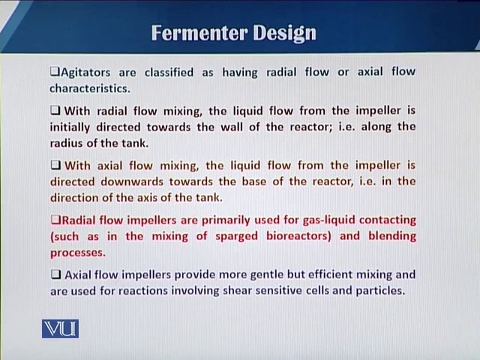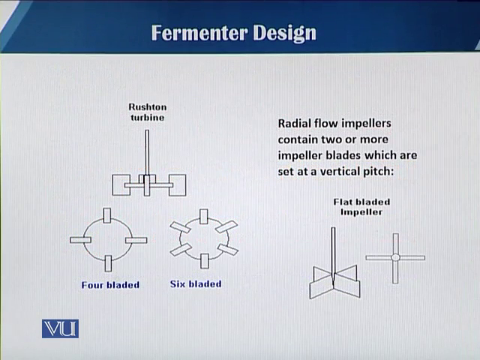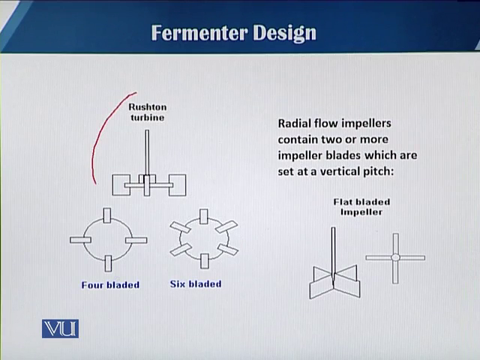Here you can see in this slide the different radial flow impellers. This is known as the Rushton turbine, as we have seen in our previous module when we observed one diagram.